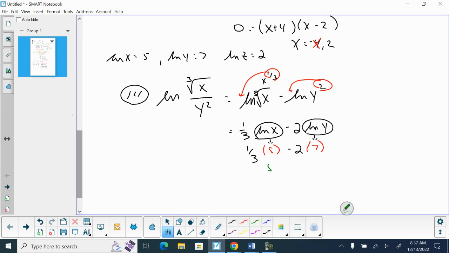So we have 5/3 here minus 14. This is 1 1/3. So we have 5/3 minus 14, or 1 1/3, so that's 13, negative 12 and 2/3. And if you have negative 38/3, that would be fine too. I guess it is.